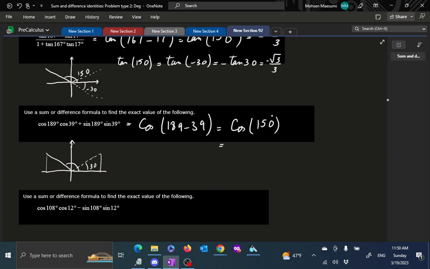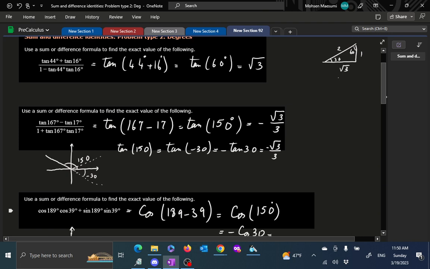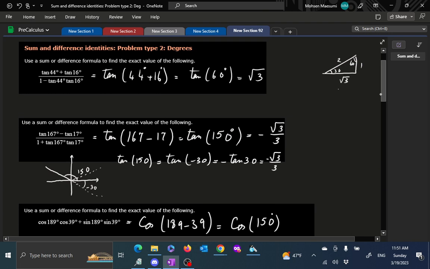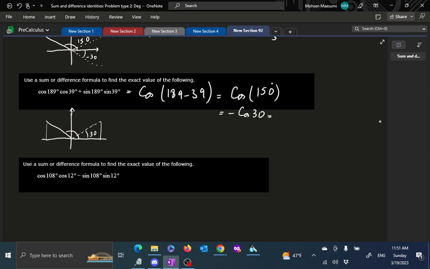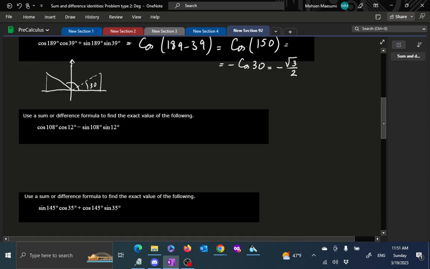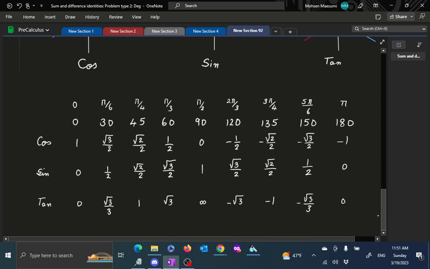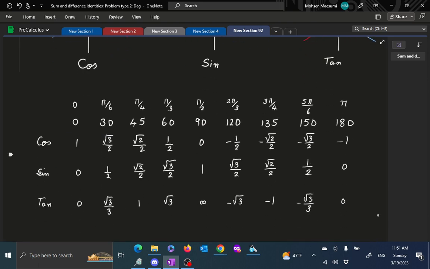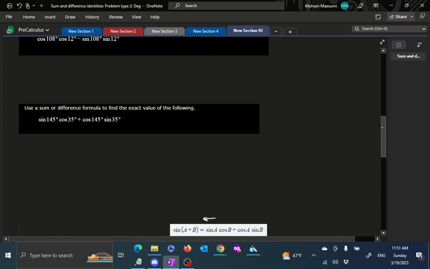This is same as minus cosine of 30. And cosine of 30, from this picture, is the ratio of adjacent to hypotenuse, so minus radical 3 over 2. Or if you wanted to make a shortcut, cosine of 150 is minus radical 3 over 2.